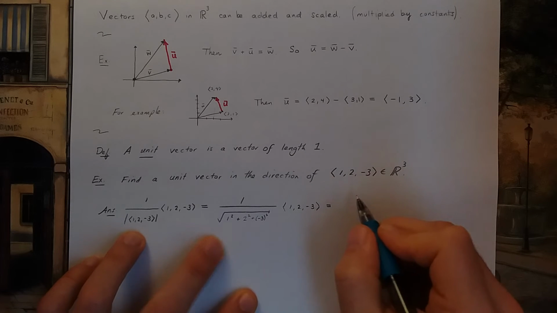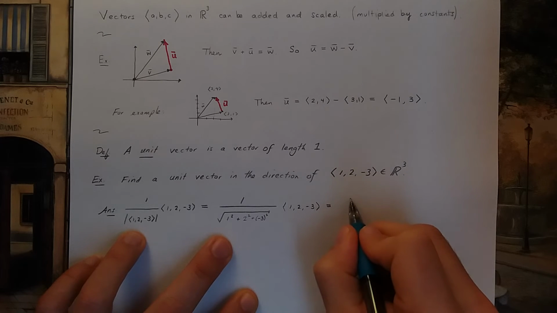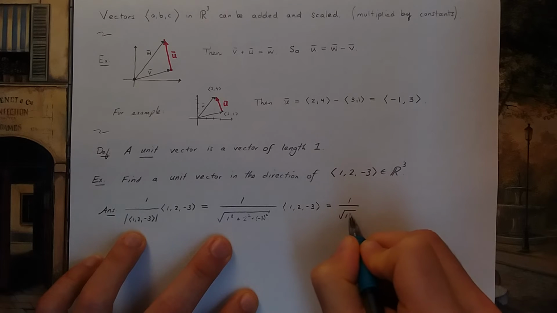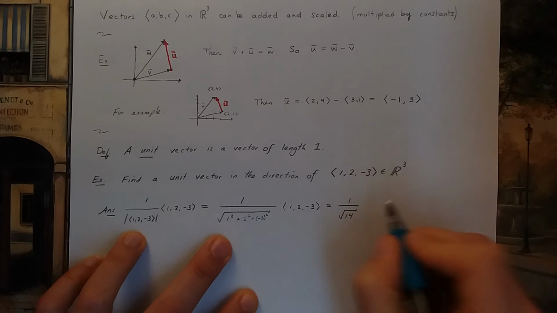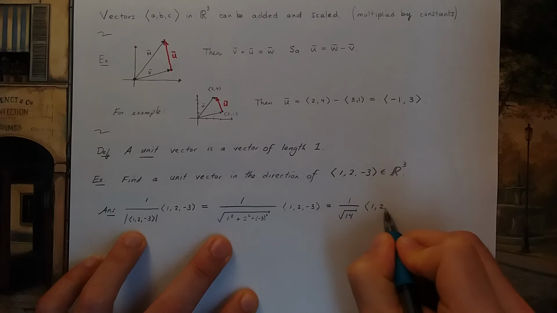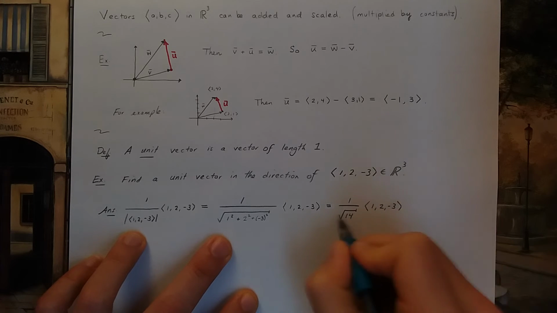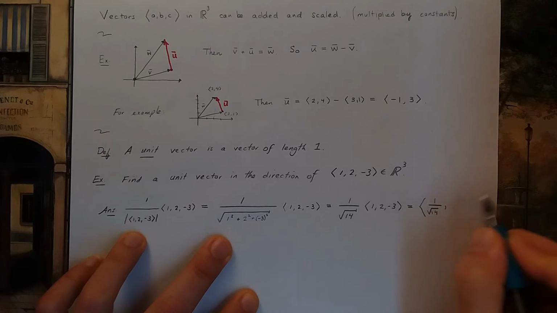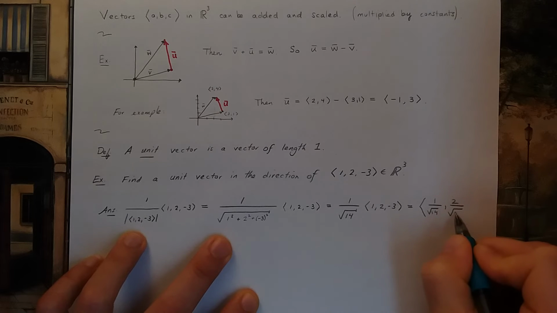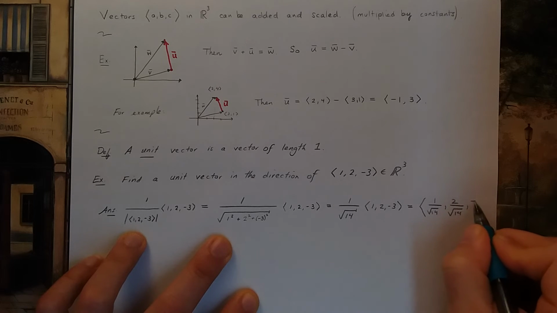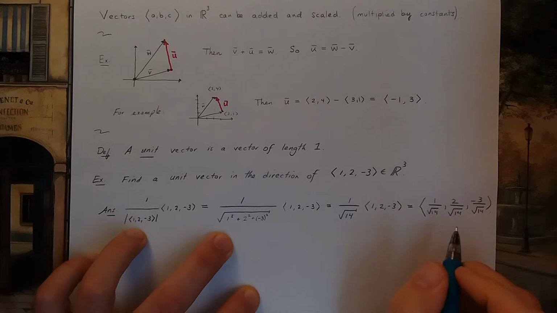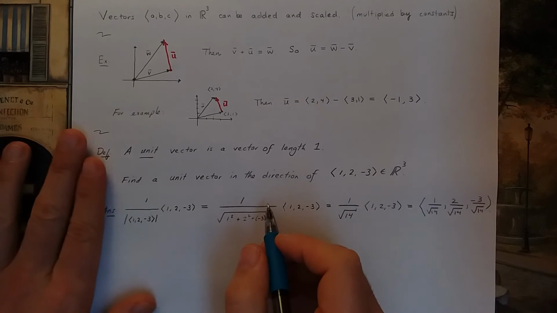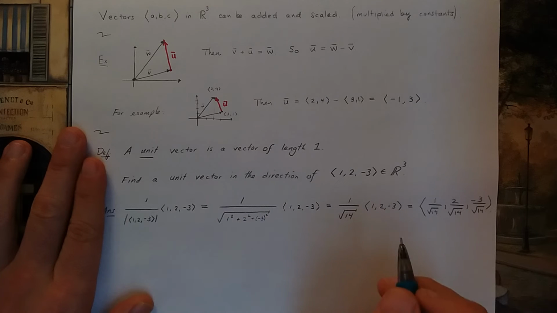And this would give me, I think, 1 over the square root of 14 times the vector 1, 2, negative 3. That's a perfectly valid answer, but if you want, you can divide each component by the square root of 14. And now I have a vector that has length 1. That new vector has length 1. So it's a unit vector.